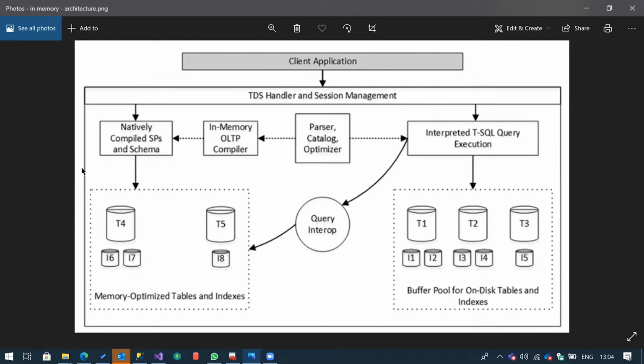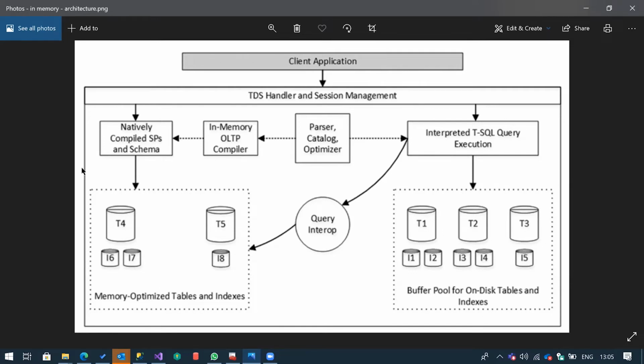We do not have something like pages. It's a completely different way to access and save data. Therefore, a natively compiled stored procedure only works with in-memory OLTP tables, which can be either schema only or schema and data. This doesn't matter. It's just a way to save data or not save data whenever SQL Server crashes.